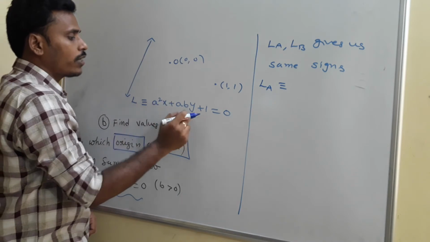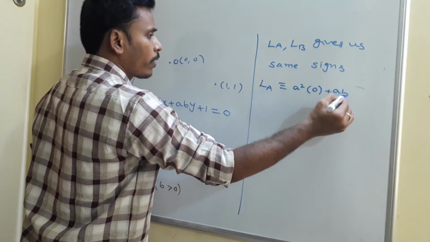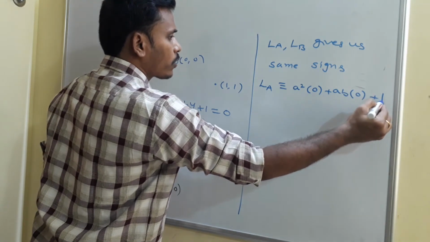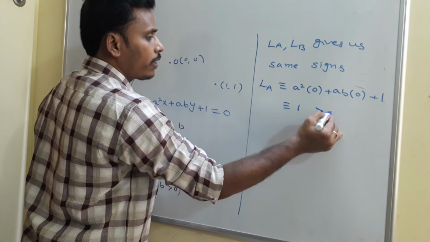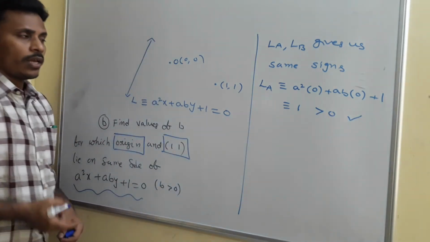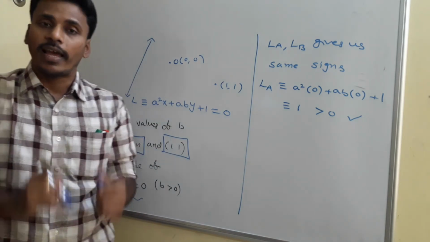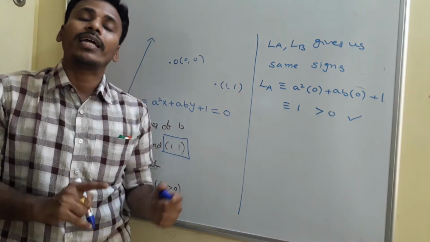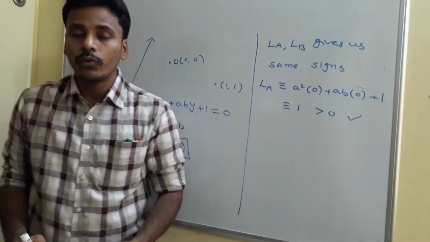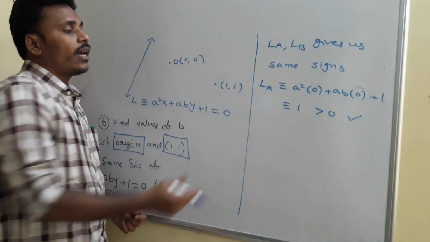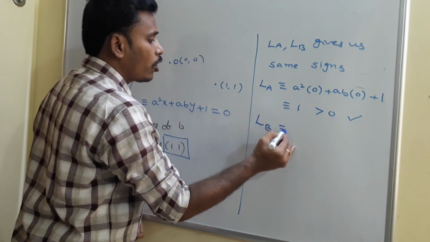If you substitute the origin here, you get a squared into 0 plus a b into 0 plus 1, and that is equal to 1, and this 1 is positive, right? So L(A) is positive. Since those 2 points A and B are on the same side of the line, they need to maintain the same sign, either both positive or both negative. Here L(A) is a positive number, so for sure L(B) is also positive.